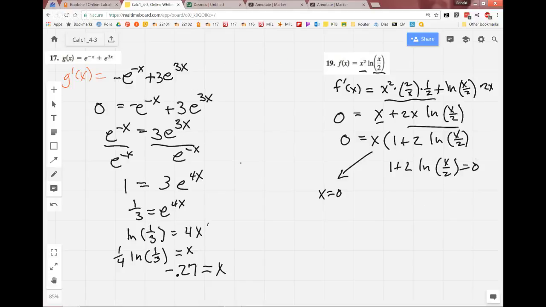Now when can that happen? Well, we could subtract 1 from both sides, and we'd have 2 times the natural log of x over 2 equals -1. Then we could divide both sides by 2. Natural log of x over 2 equals -1/2.